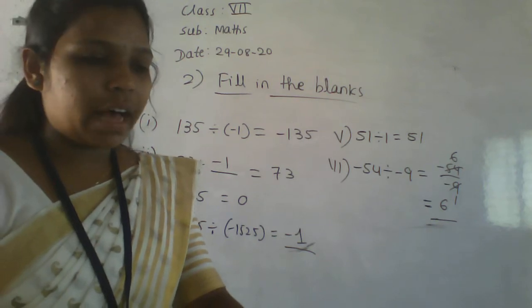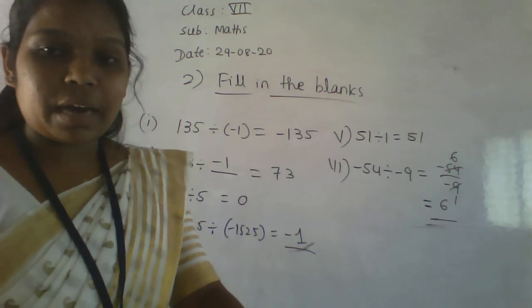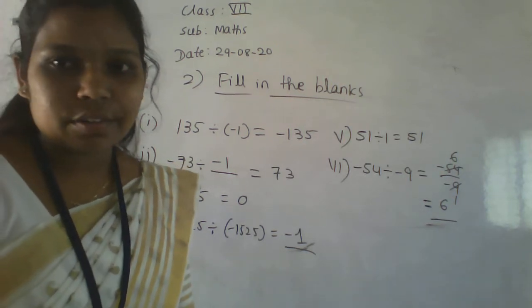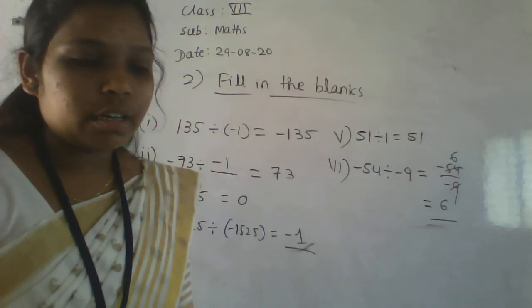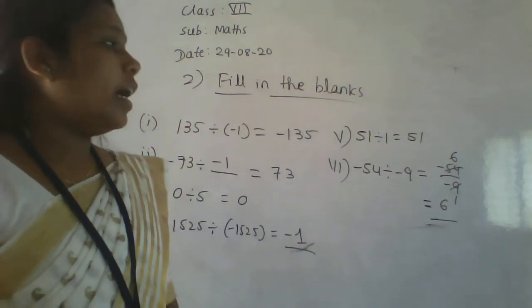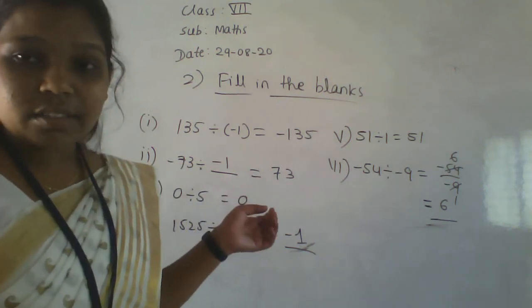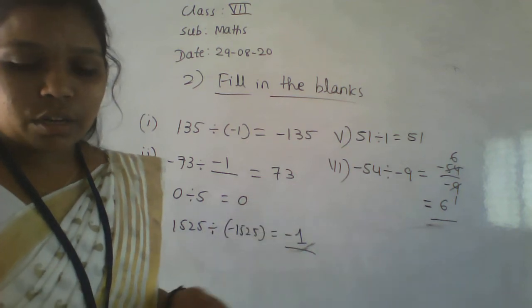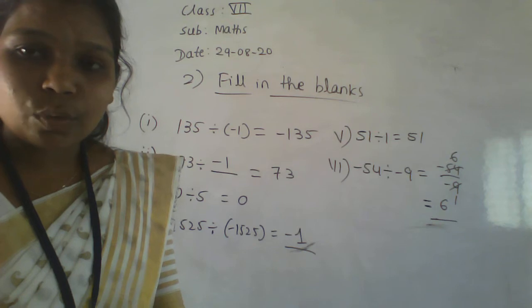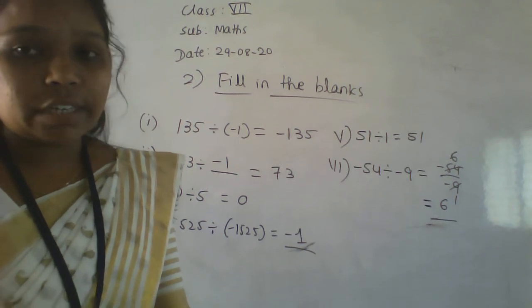They will give us fill in the blanks. You have to do the division and write the quotient. So I hope everyone knows how to do the division. And here they are just giving sign conversions. Whatever signs apply in multiplication, those also apply for division.